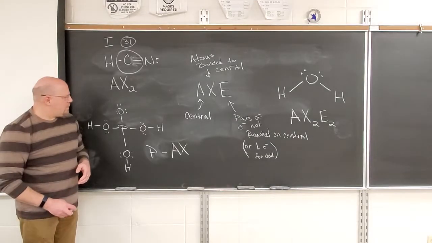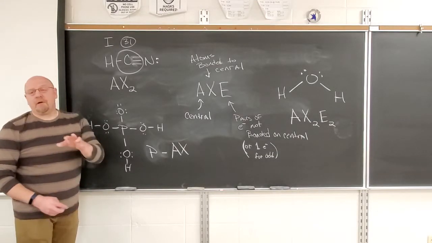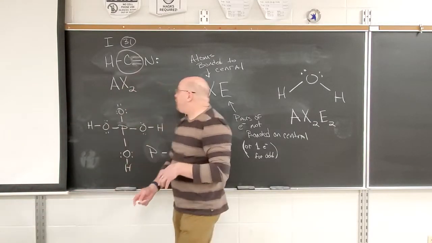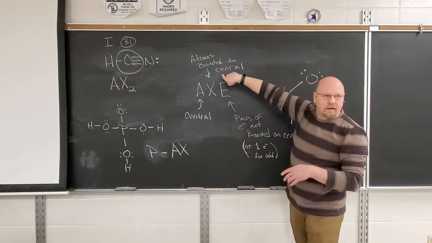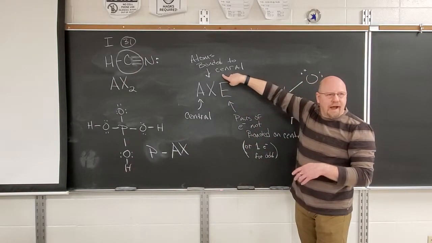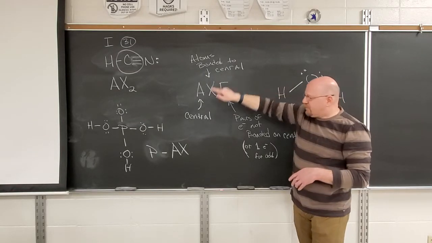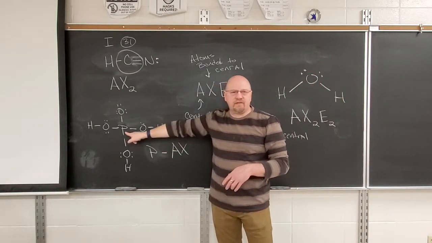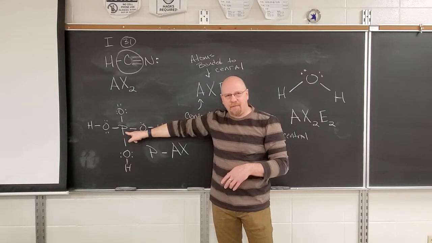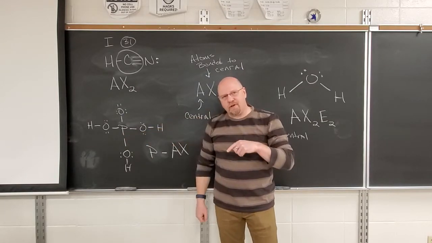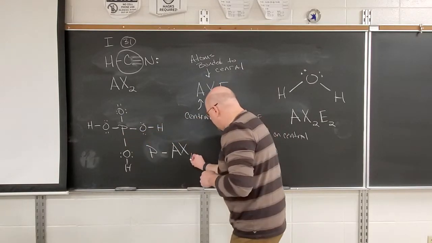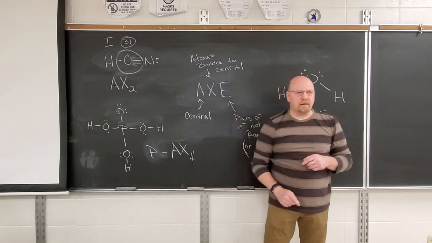Well, it could represent anything, but it's going to represent atoms bonded to that central atom, right? So if I'm taking phosphorus as my central atom right now, how many atoms are directly attached to it? 4. And that would be it. Okay?